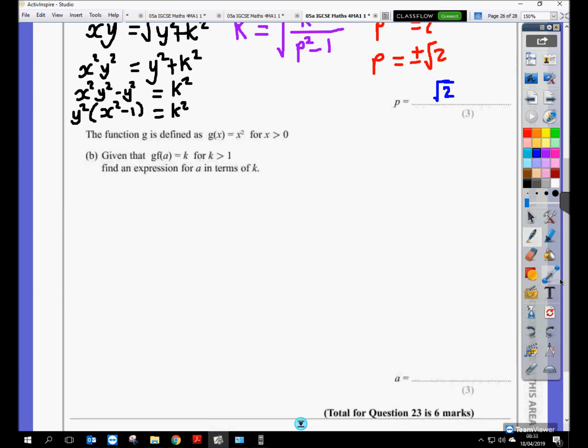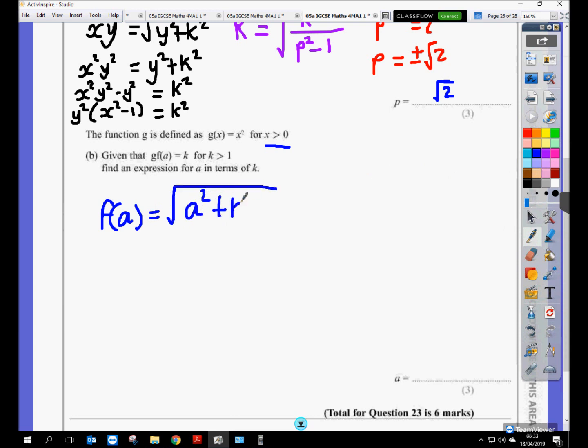Okay, next question. The function g of x is x squared for x greater than 0, and g f of a equals k. This obviously uses the previous part. What is f of a? Well, f of x at the top of the page is stated. All I need to do is replace the x with a.